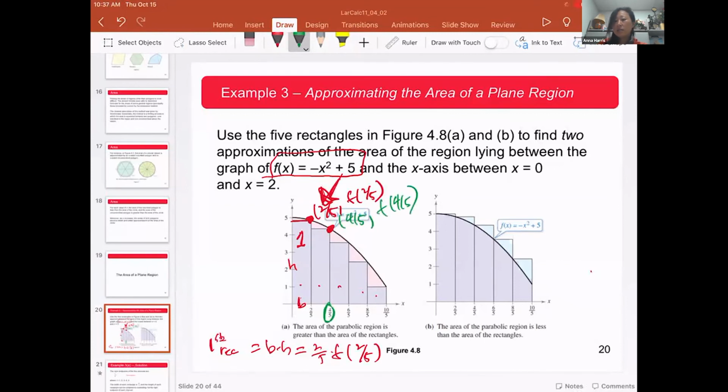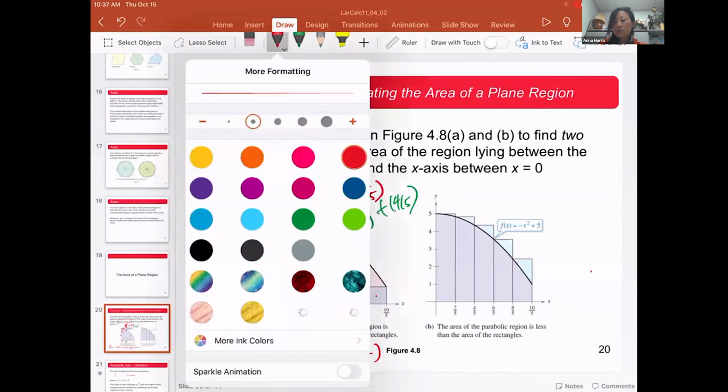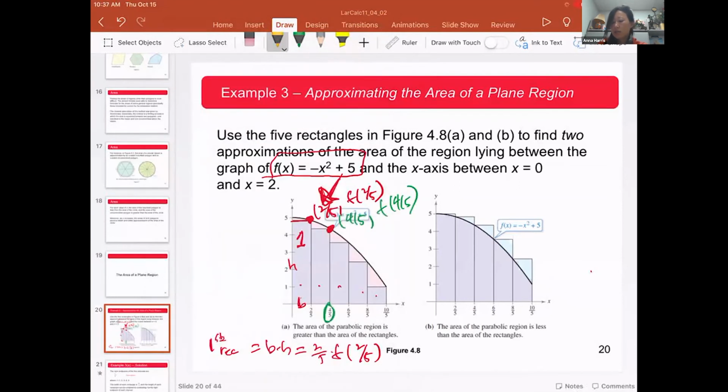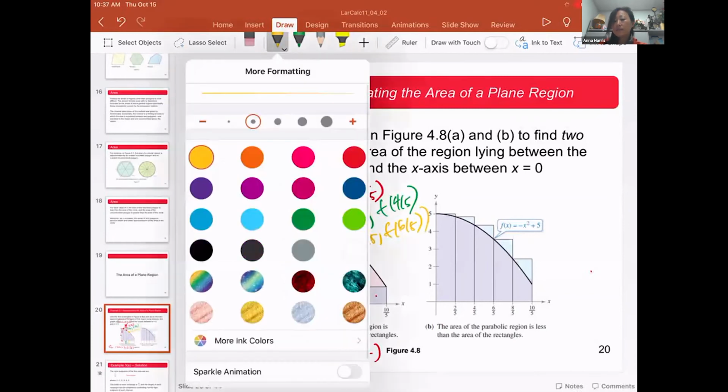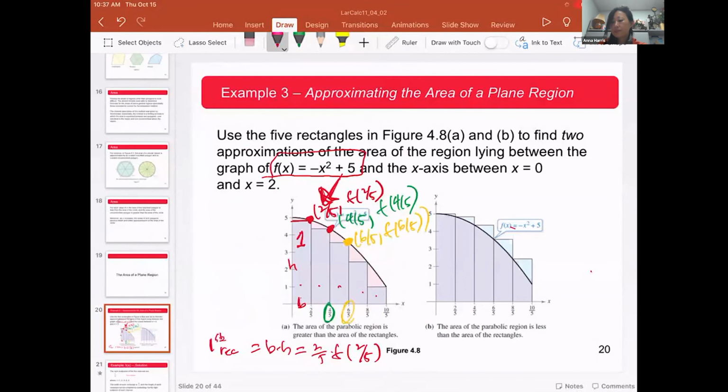Okay, next one. How do you find this point? That point would be, you look at your x, which is 6/5, and f of 6/5. All right, let's find the next one. How do you find the point right there?